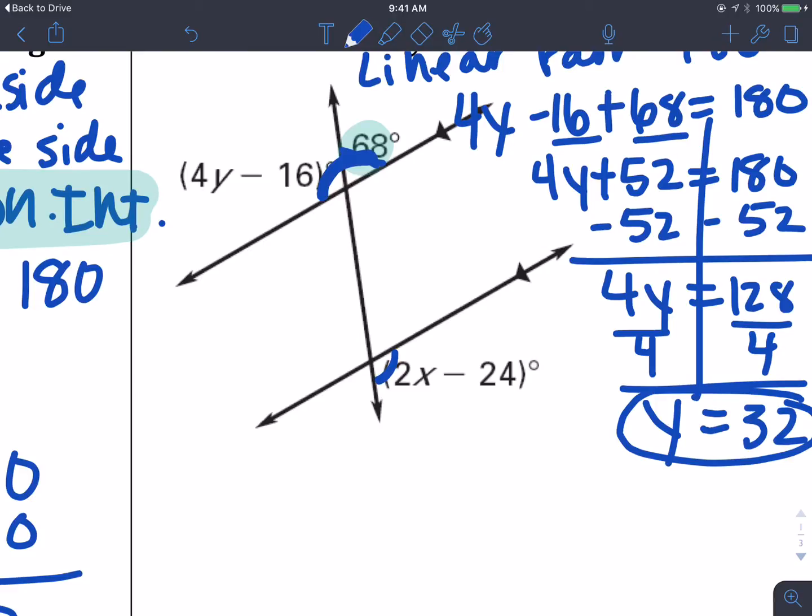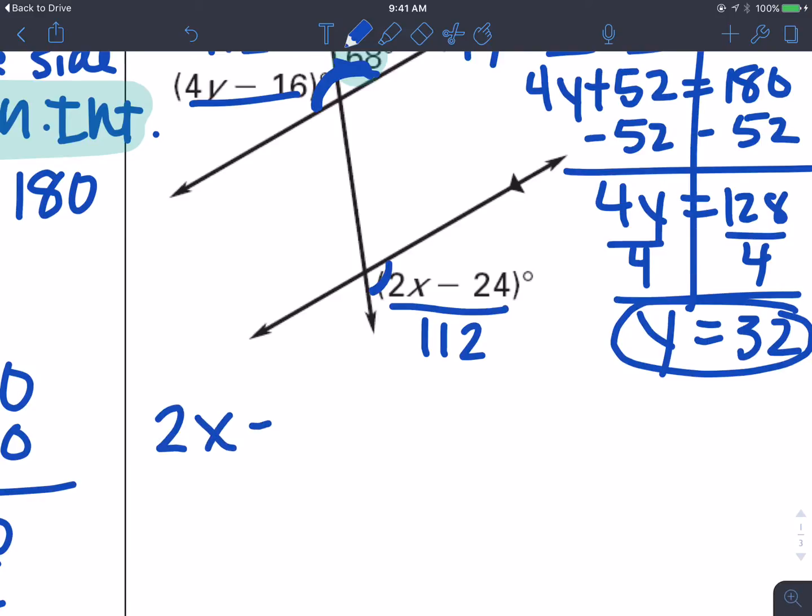So I'm going to look at how this 2x minus 24 is related to this 4y minus 16. They're both our obtuse angles, and so they are going to be the same measure. I'm going to do 180 minus 68. And that gets me 112. So this angle is 112, which means this angle has to be 112.